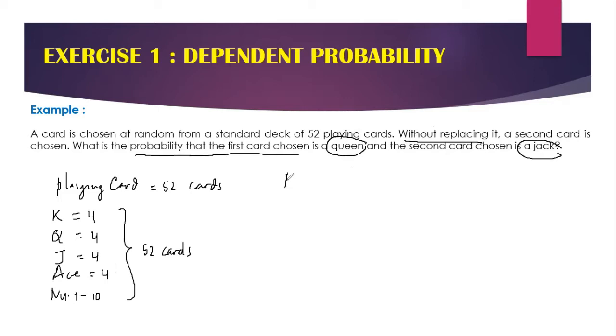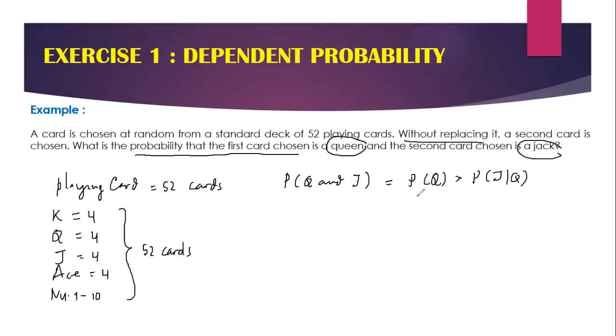So the probability of queen and jack for the second pick equals probability of queen times probability of jack given queen.